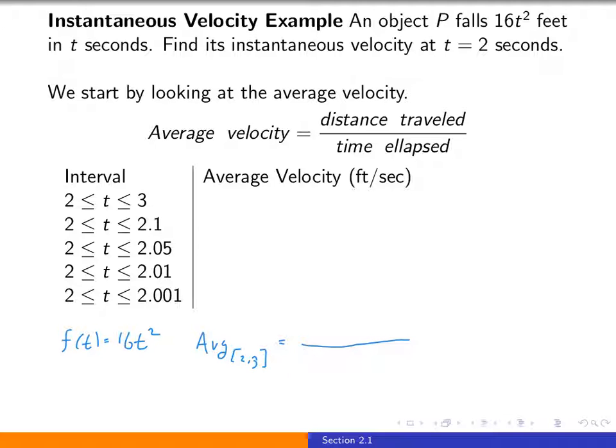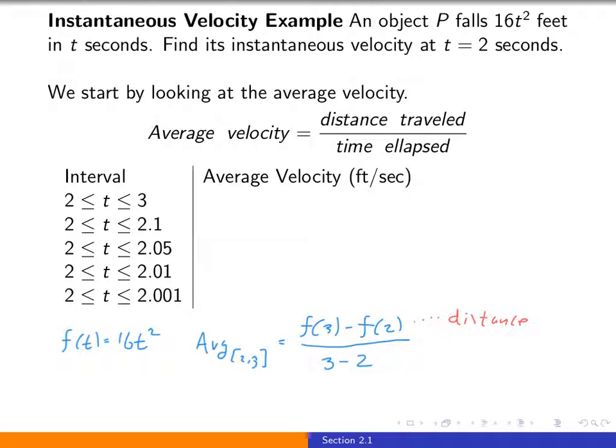How we can actually calculate this distance traveled will be f of 3 minus f of 2. So this would be the distance. And then we divide this by 3 minus 2, because if you're going from 2 to 3 seconds, you take the larger 3 and subtract away 2.